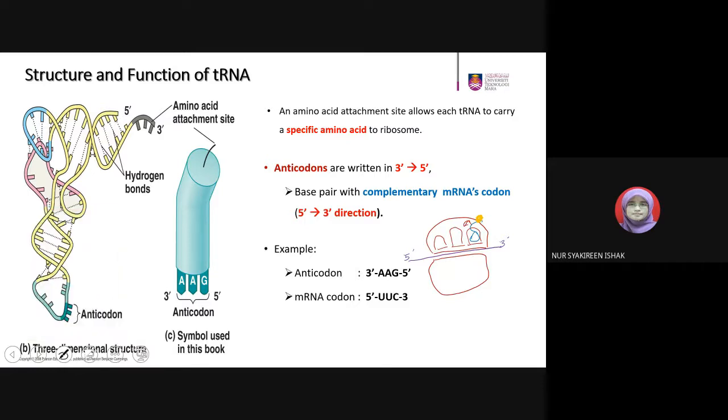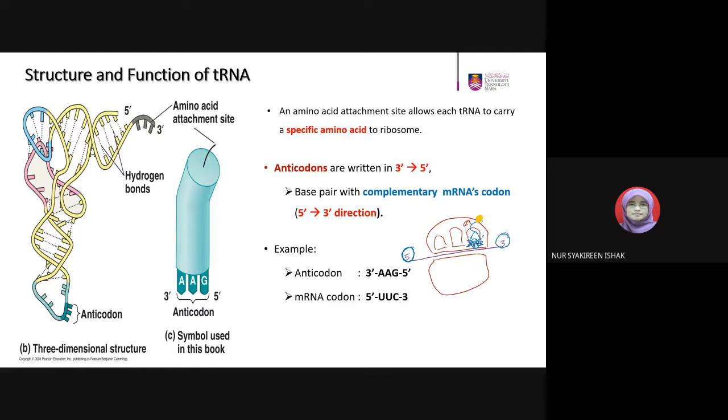So for the anticodon, the direction is 3' here and 5' here. Okay, so you have 3 nucleotides here. So these are the anticodons. The anticodon direction is 3' and 5' here because it has to complement the mRNA that starts with 5' and ends with 3' here.